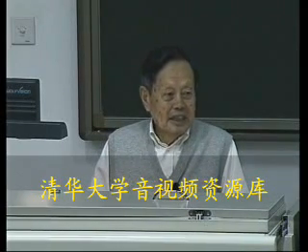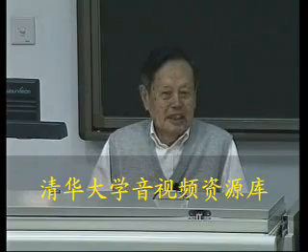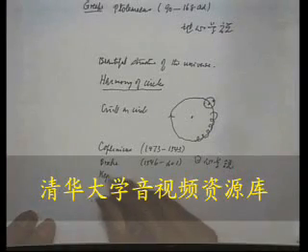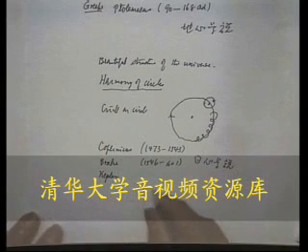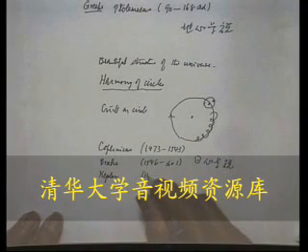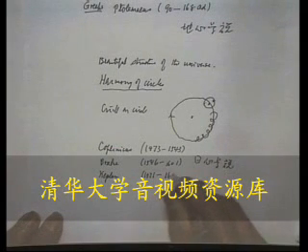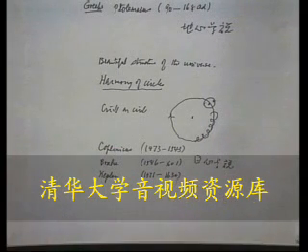And after he died, his data was analyzed by Kepler. So Brahe was an experimental astronomer. Kepler was a theoretical astronomer.